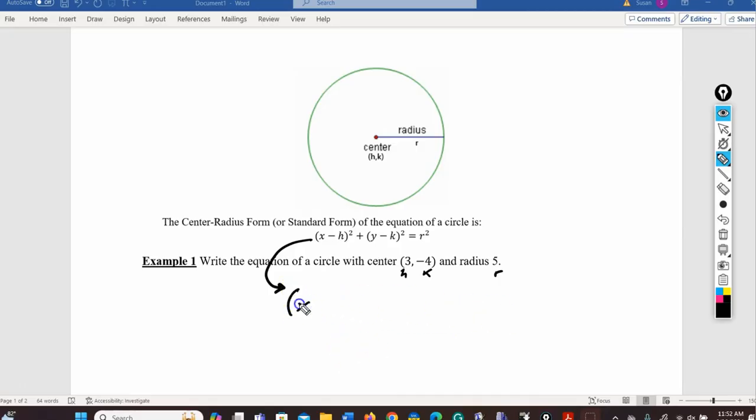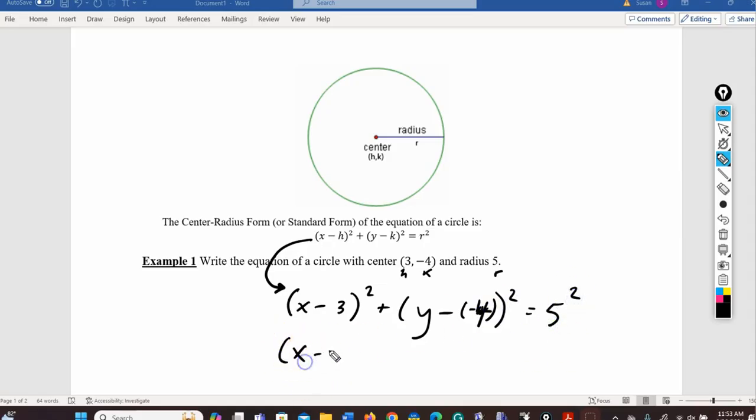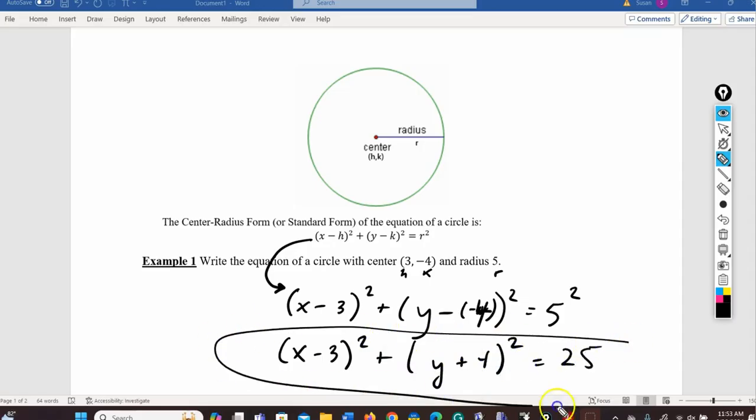So this will be x minus h all squared plus y minus k, the negative 4, all squared, is equal to r squared, and then we'll clean this up. And minus negative 4 is plus. And so that's how you would see it.